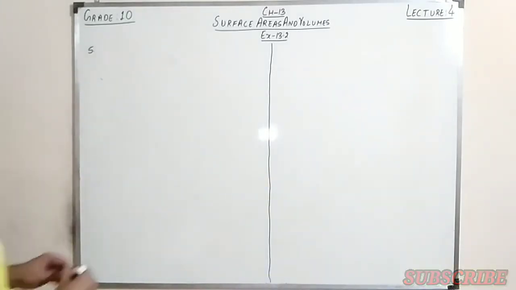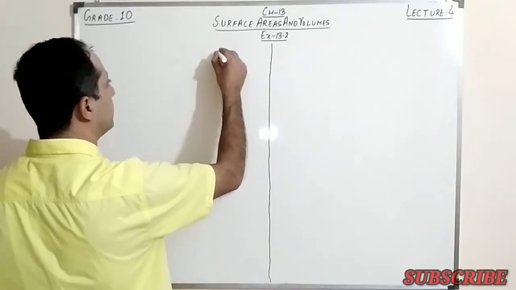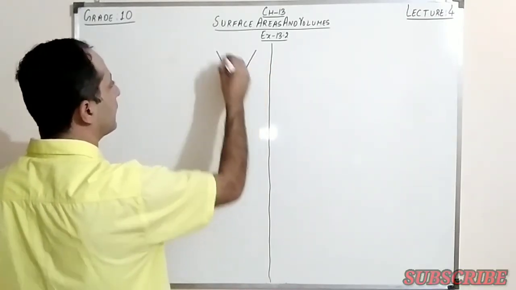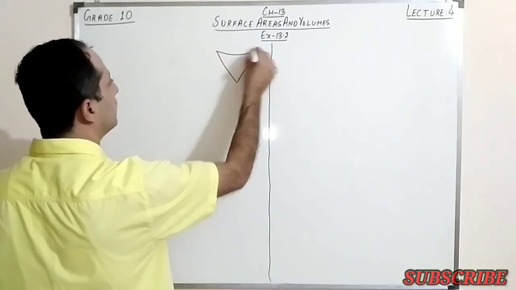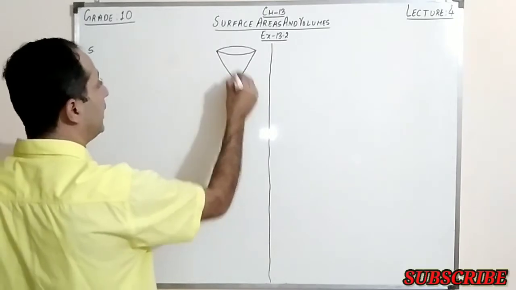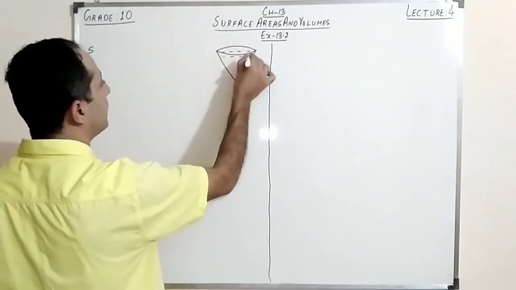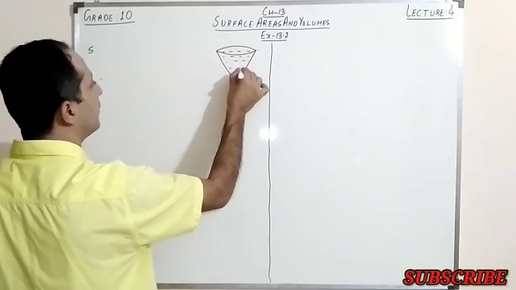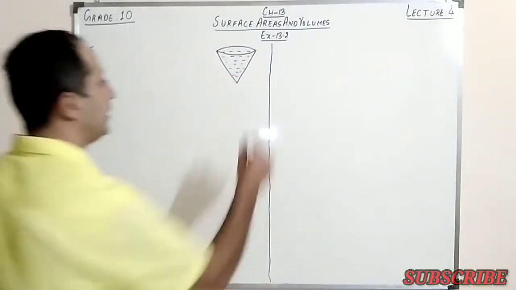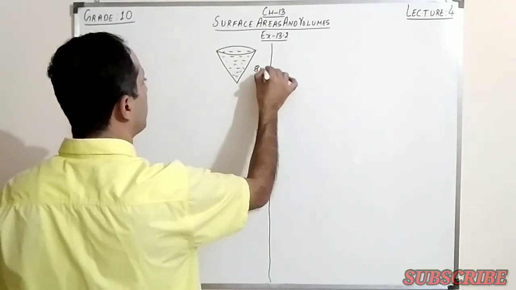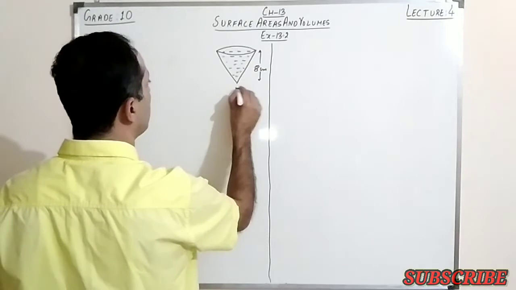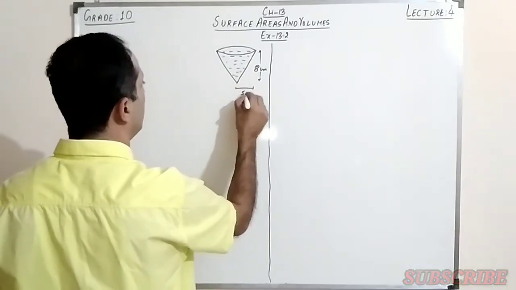First, let's draw the diagram. So this is the inverted cone and it's filled with water up to the brim. The height of the cone is given as 8 centimeter and the radius is 5 centimeter.